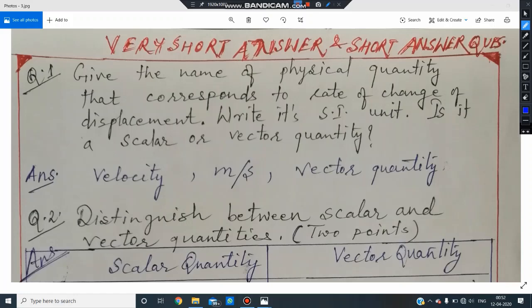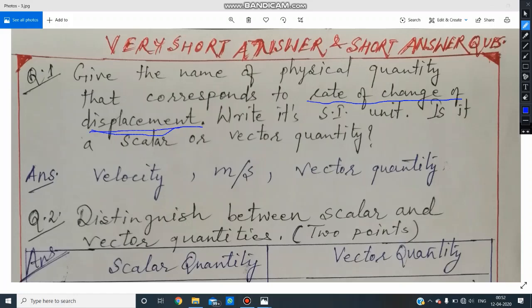Now before directly going towards the answer, I would like to draw your attention towards this term, rate of change of displacement. Children, you should know about the term rate of change of any physical quantity. Here the quantity is displacement.